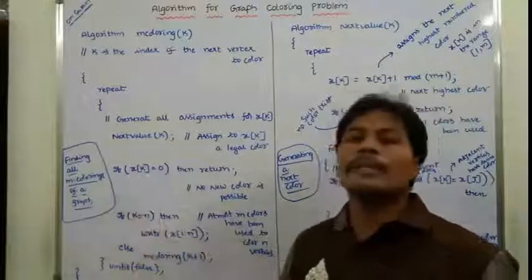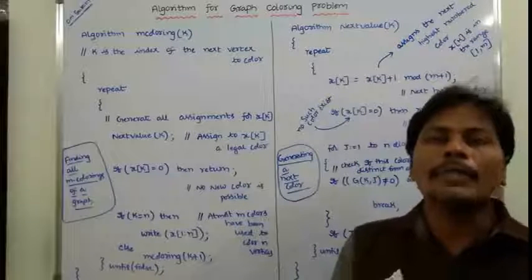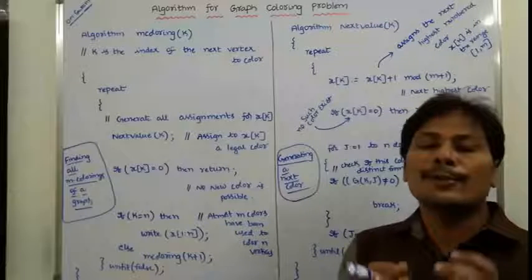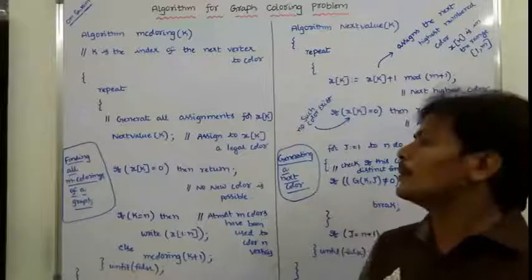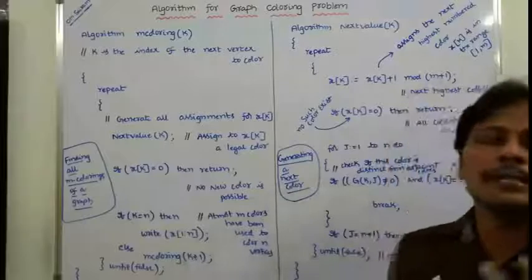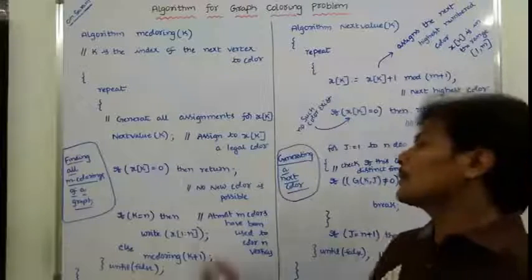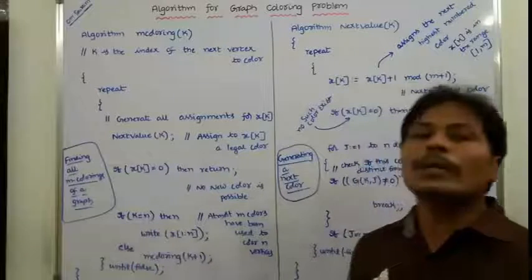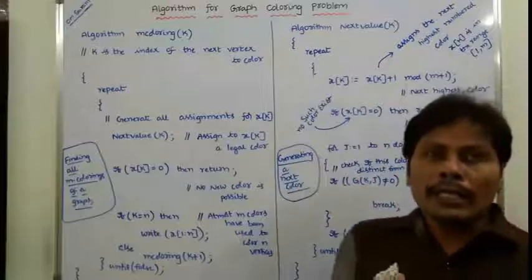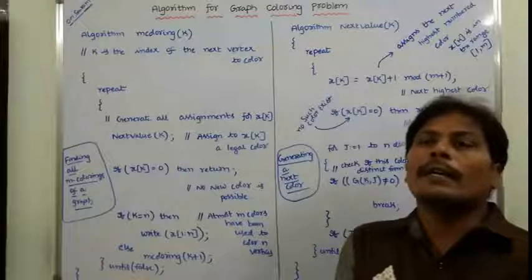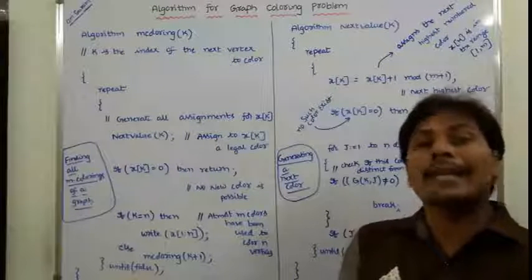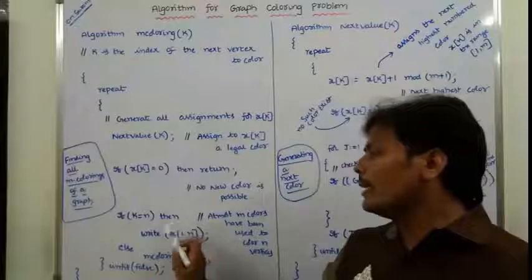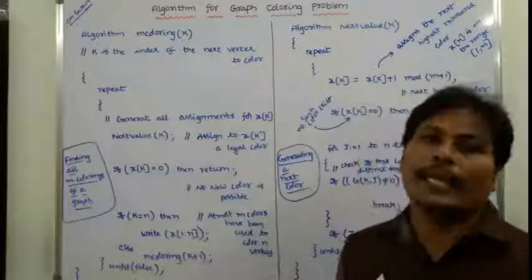If x of k is equal to 0, it means all the vertices are colored with m number of colors. There is no new color found. So then return nothing. Next, if k equal to n, all the vertices are colored with m number of colors. Then write x of 1 to n.